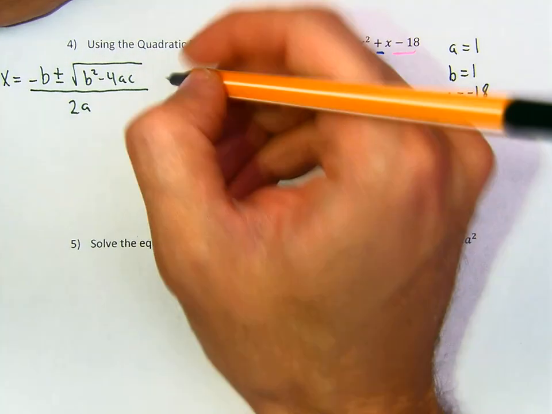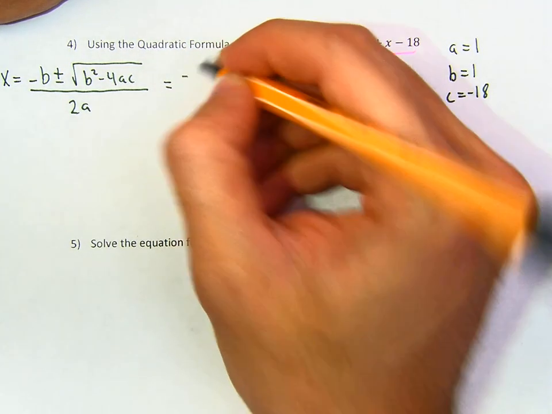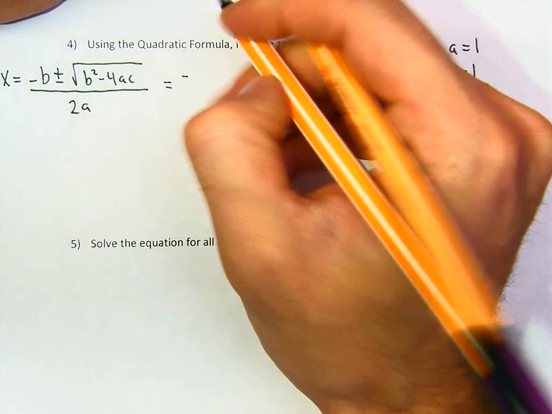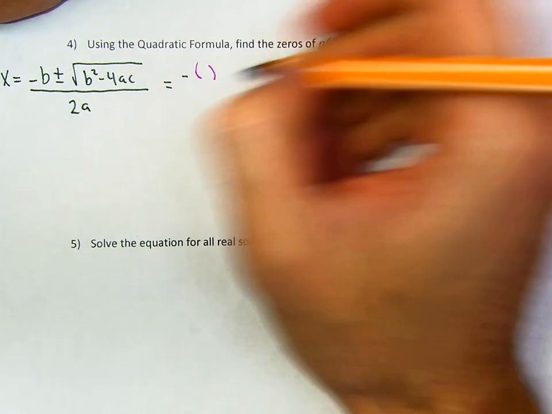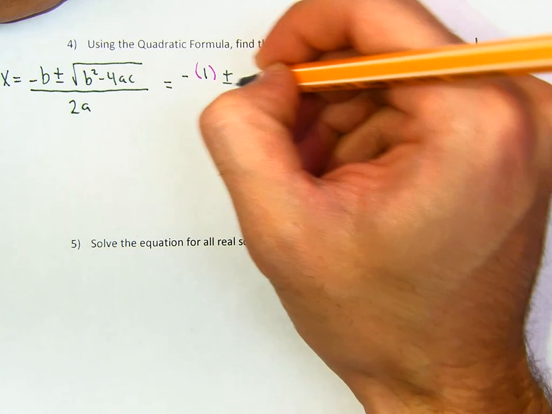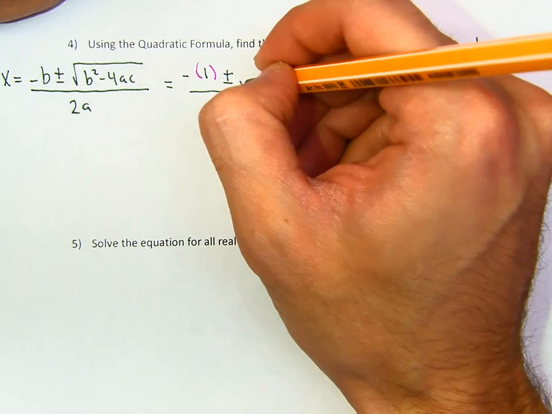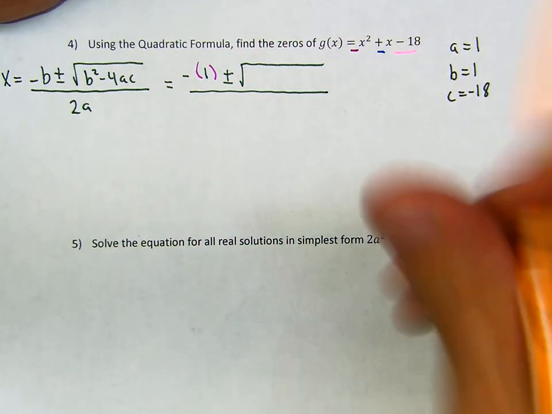So here, let's see. So x is equal to negative, and then for now I'm going to be very OCD with this, but parentheses, right? So 1 plus or minus, okay, square root, okay.